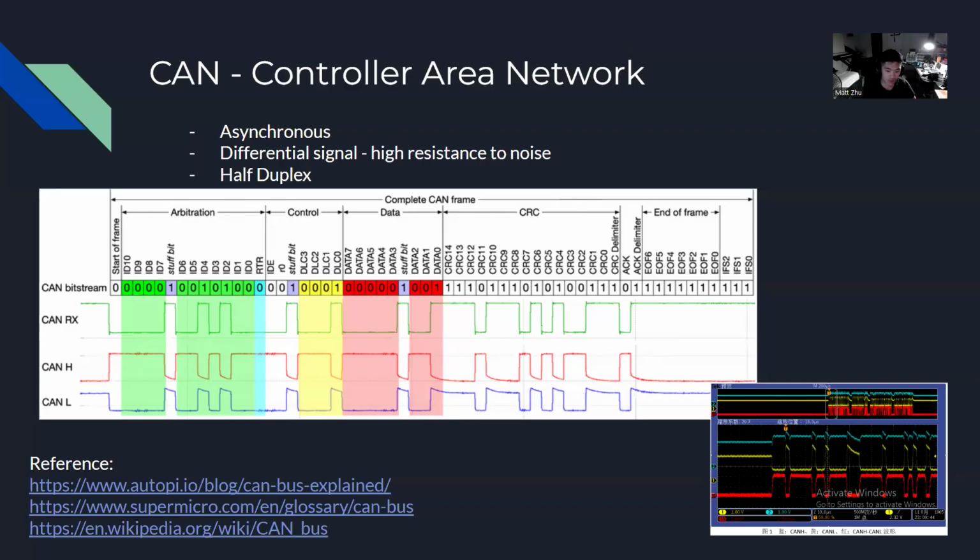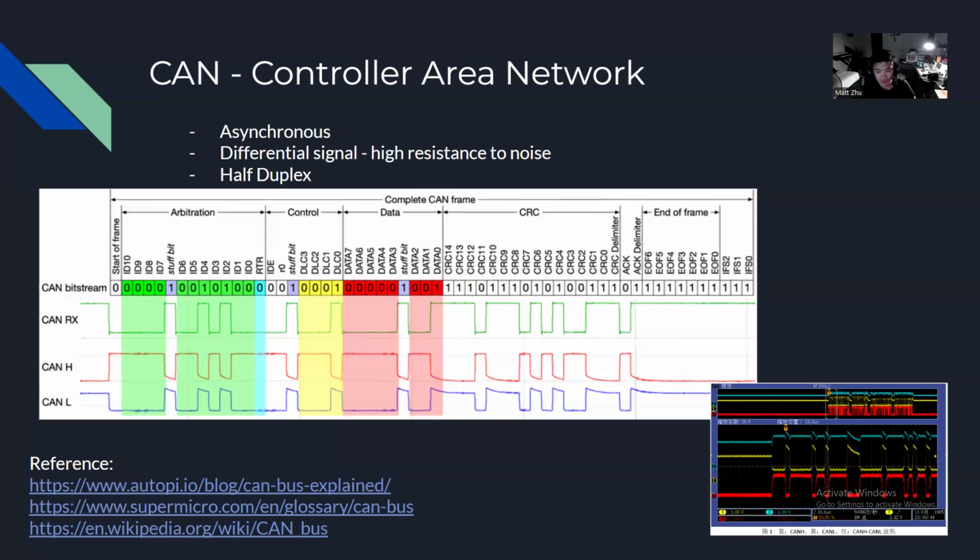The reason why this is so reliable, if you can see in this image, is that there's a bit of noise here, and you see that despite that, the data can still be read fine. The reason why is because it reads the difference between the two signals instead of a single signal relative to 0 volts or something like that.